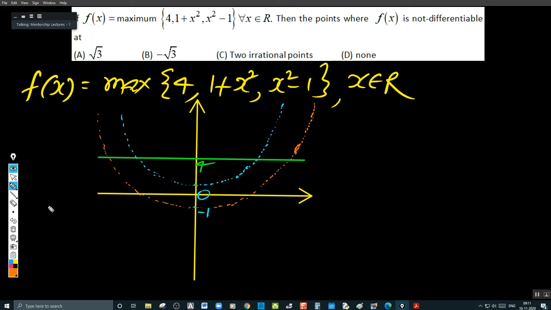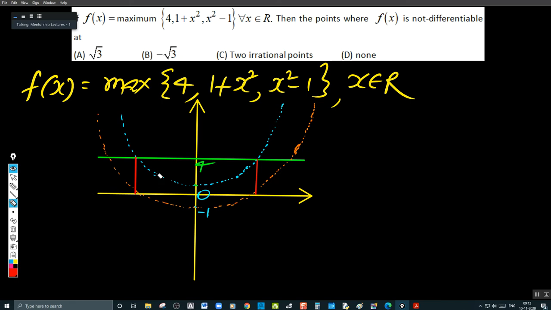Now, whatever is required, I am making it white. We need maximum value. In all these cases, if you observe carefully, this one is the intersection. In this intersection, lower value is not needed.